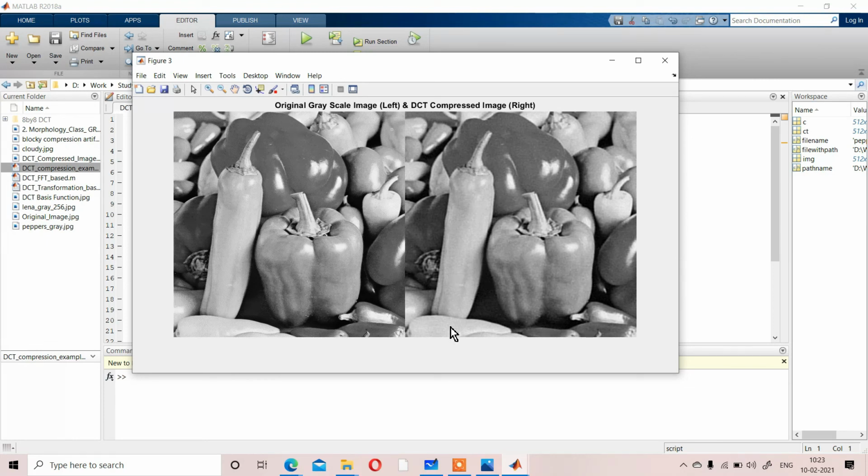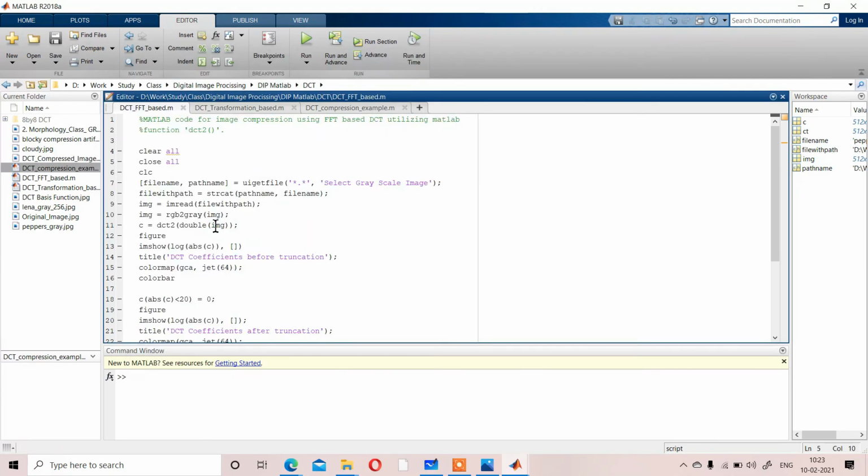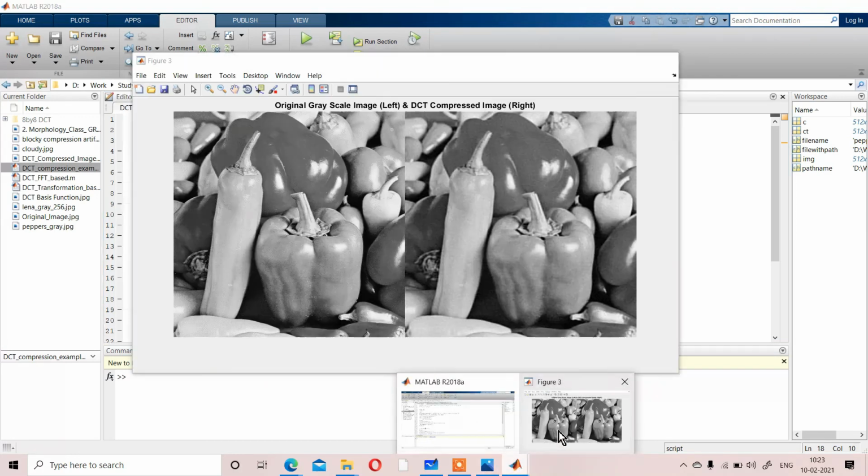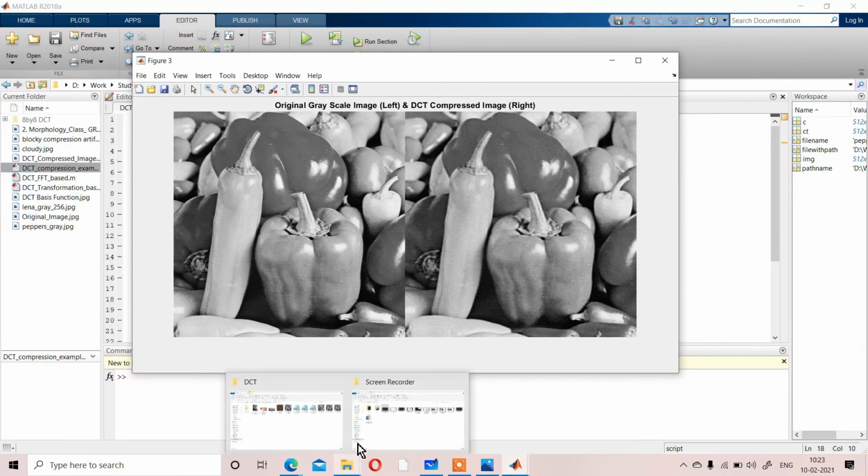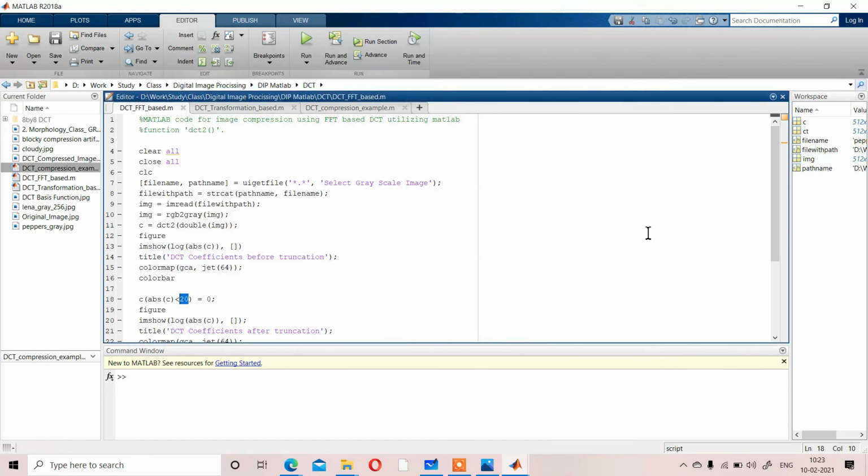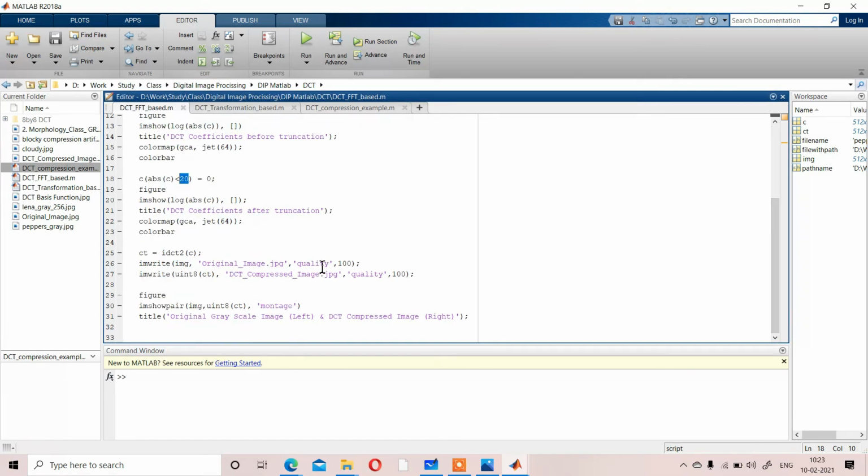There are certain minimal changes, but visually it is near about the same. The compression range is 20, so you are getting that. As a result, you can see the input image is stored as the original image and the output image is stored as the DCT compressed image.